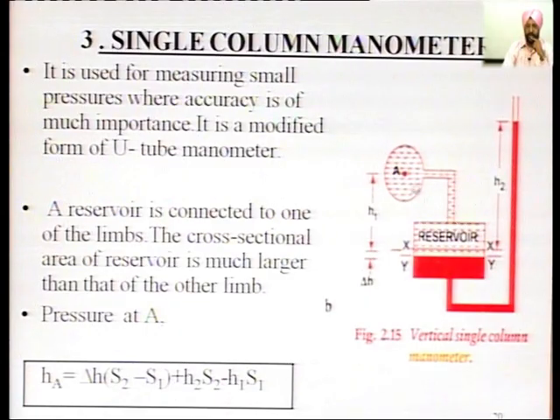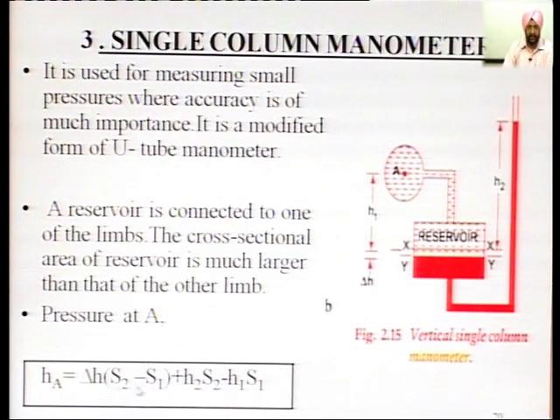If I am interested to calculate the pressure at point A, it is given by the formula: delta h times (s2 minus s1), where s2 is the specific gravity of the manometric liquid and s1 is the specific gravity of the simple liquid, plus h2 s2 minus h1 s1.